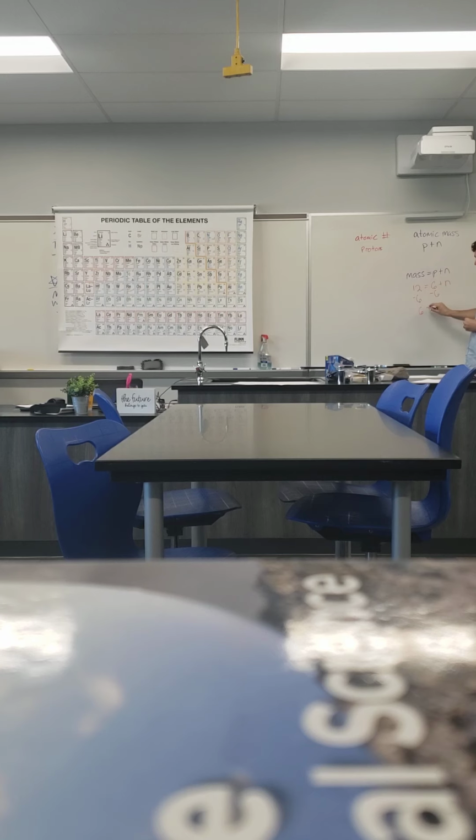This will tell me that 6 is equal to our number of neutrons in carbon 12. Now let's compare that to carbon 14. Our new mass is written right here, 14, equals, we still have the same number of protons, it's still carbon, it's still 6. Let's figure out our new number of neutrons. Subtract 6 from both sides. We're going to get what? 14 minus 6. 8. Good job.